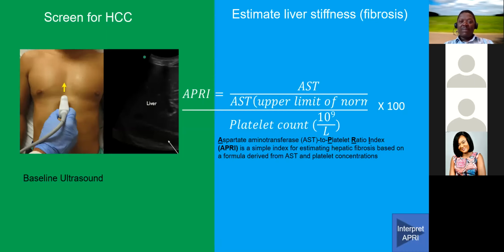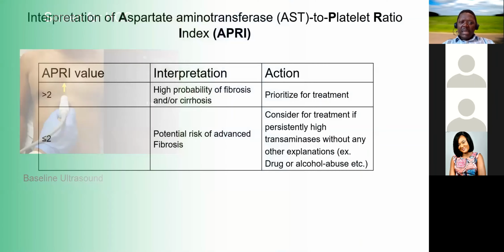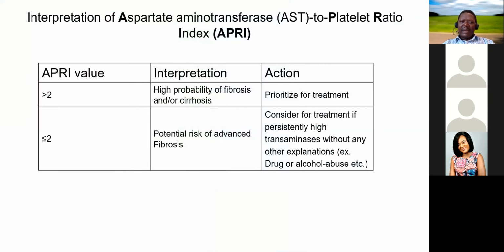Now, this is quite an important point that is relevant for people who cannot afford or access care outside of a developed setting or a setting that has resources. So this is how you interpret the aspartate aminotransferase to platelet ratio index.